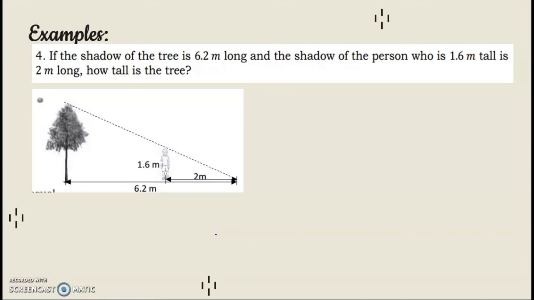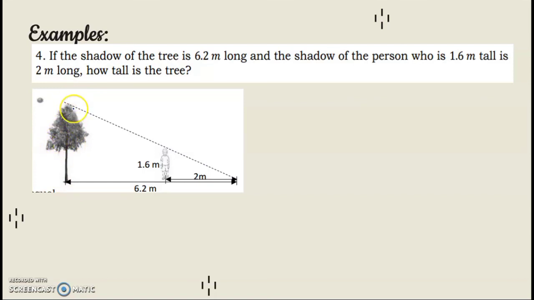So if the shadow of the tree is 6.2 meters long and the shadow of the person who is 1.6 meters tall is 2 meters long, how tall is the tree? So see, by just looking at this or by just analyzing your position, saka dun sa puno, yung distance nila, malalaman na natin yung measurement ng tree, kung gaano siya kataas.